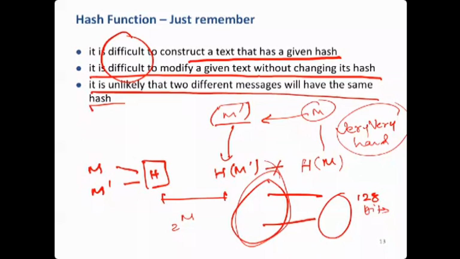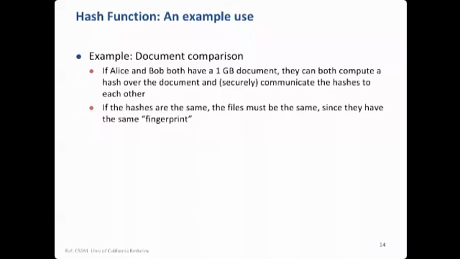So how can we use it intelligently then? We can do document comparison. Alice and Bob both have a document, and they want to make sure that the document is the same. It's a 1 GB document which they cannot easily transmit over a very slow internet, and even if they are able to transmit, they have to compare.